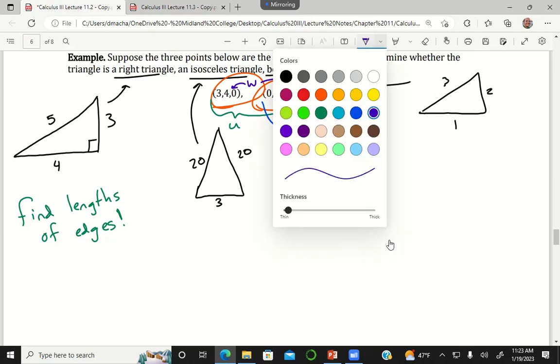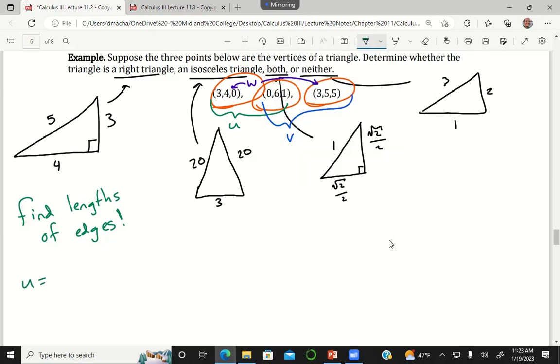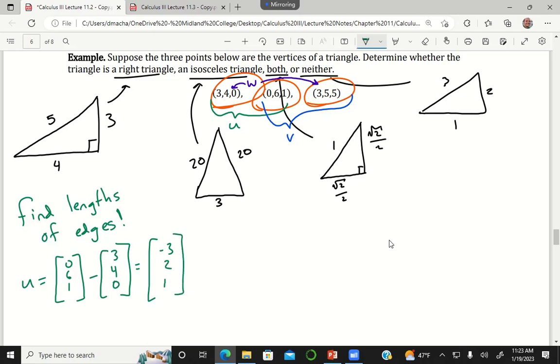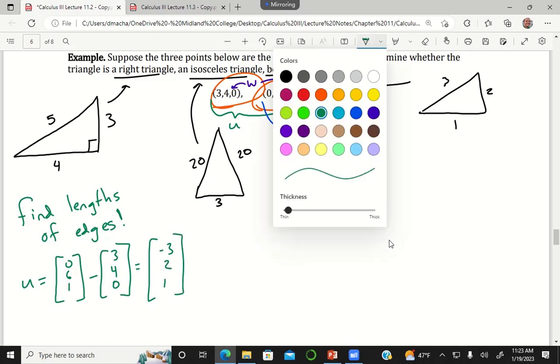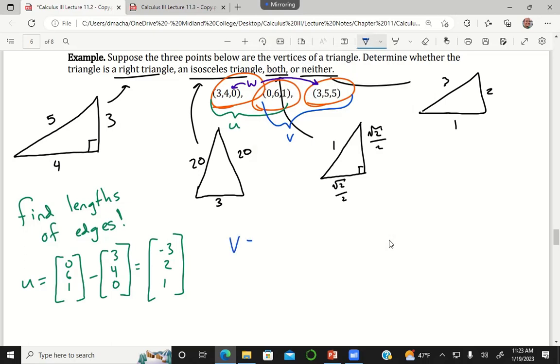So, in other words, u is going to be 0, 6, 1 minus 3, 4, 0. So it would be negative 3, 2, 1. V is going to be 3, 5, 5 minus 0, 6, 1.